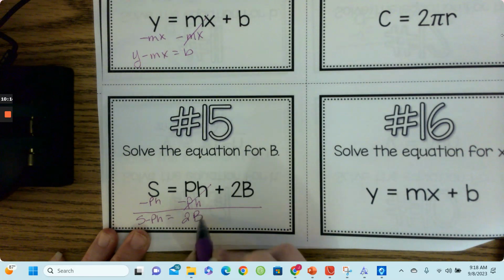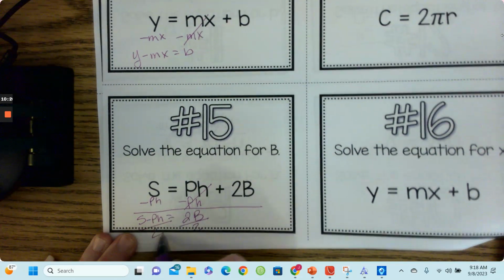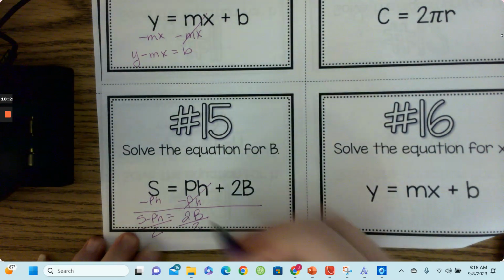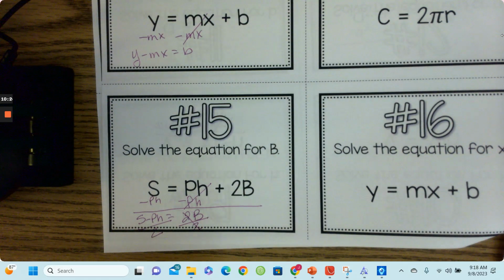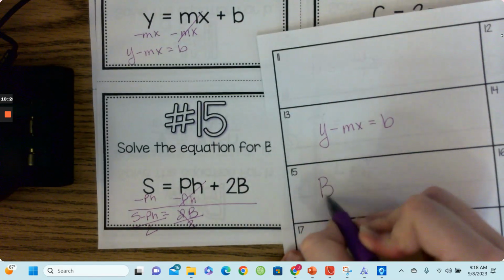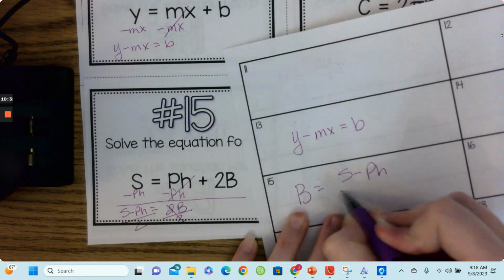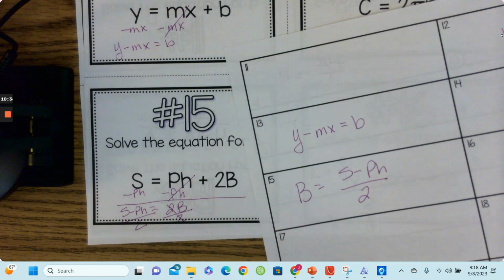Then I've got a 2 being multiplied by the b, so to get that 2 out of the way, I would divide both sides by 2. So for 15, again, the letter I'm solving for on the left, and then S minus pH over 2. When you get into geometry as well, when you're working with formulas, you're going to use this skill a lot too.